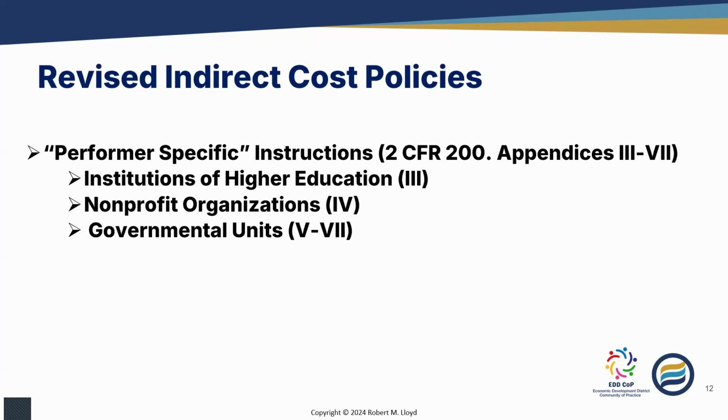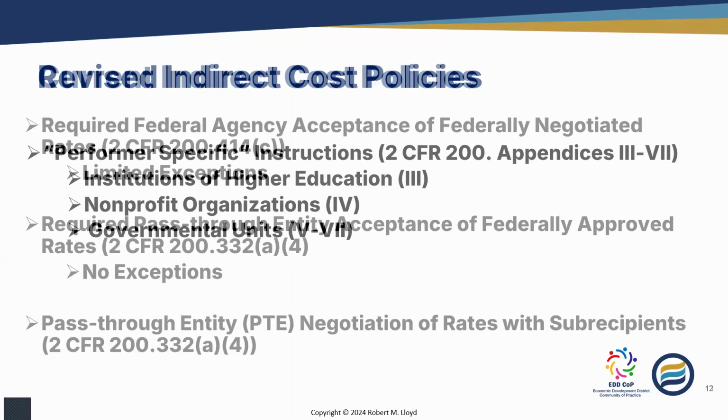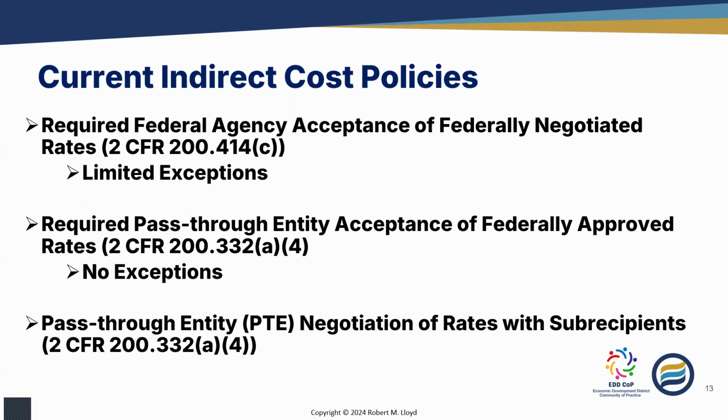The other exception has to do with a power or an authority on the part of the head of a federal agency who can decide not to apply the negotiated indirect cost rate agreement to an organization or to all organizations, and where the head of the agency informs the Office of Management and Budget of that decision.